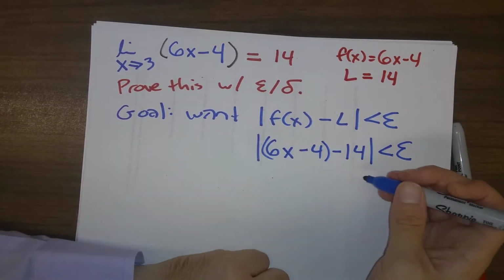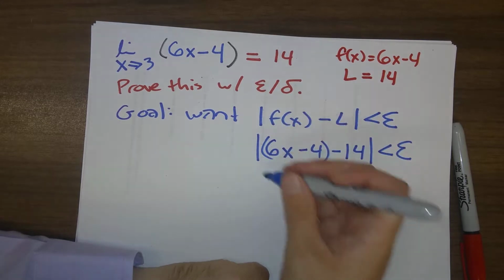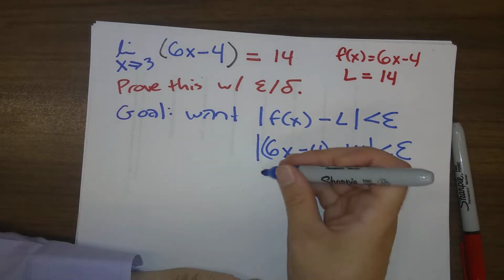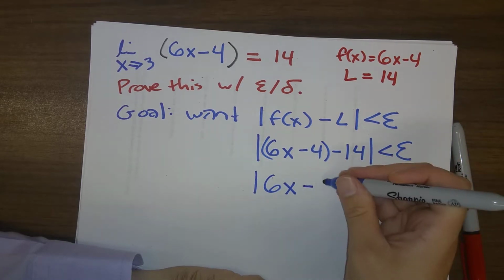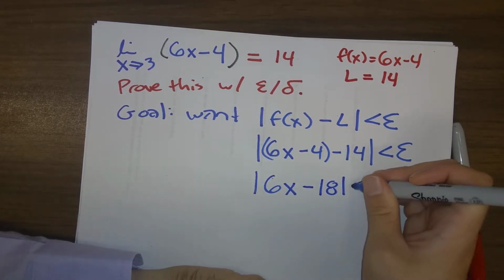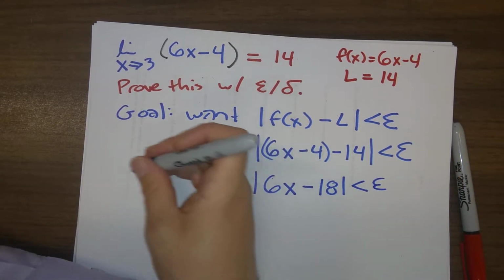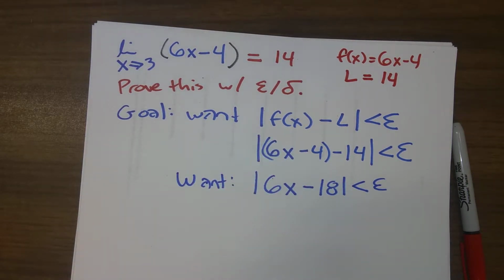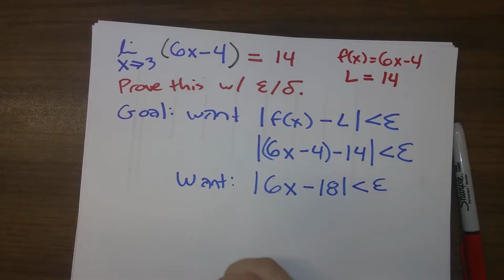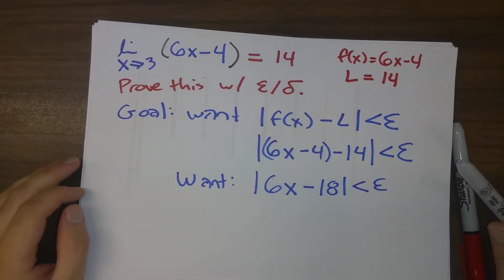Let's manipulate this a little bit. This is equivalent to saying that 6x minus 18 is less than epsilon in absolute value. So our goal has become: we want the absolute value of 6x minus 18 to be less than epsilon.